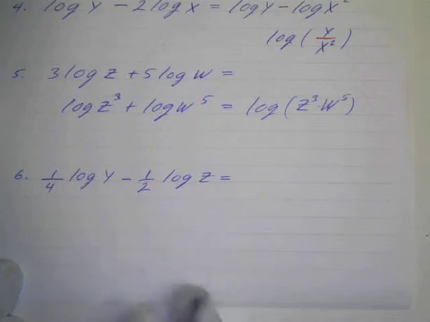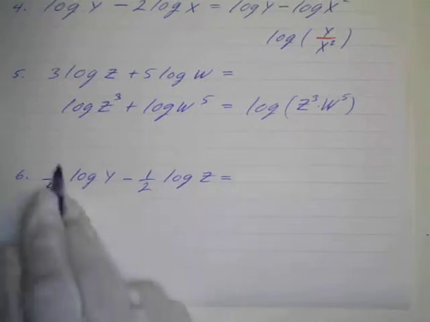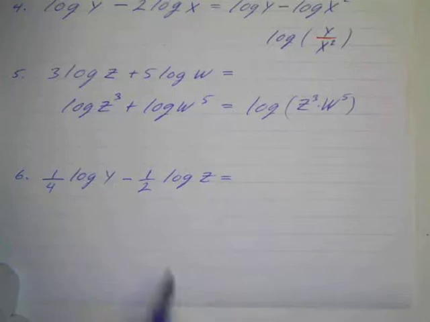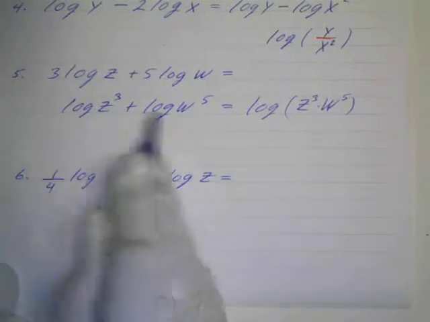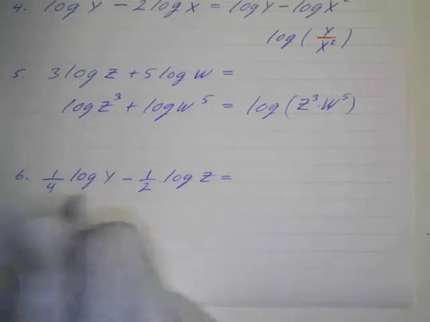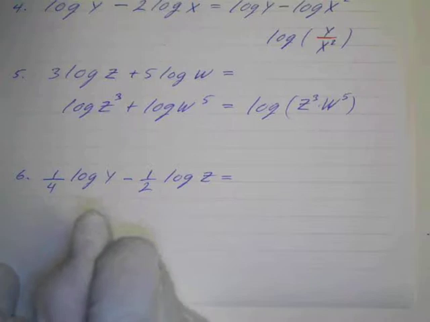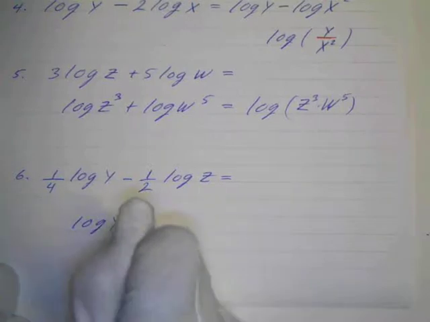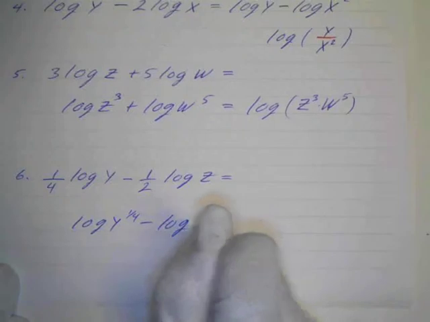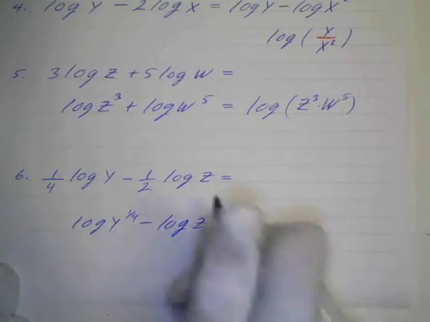And then number 6, same idea. We've got these numbers in front which we can use as exponents, put them back in there, because we just want to have log of something plus or minus log of something to use our product or quotient rule. So we'll put this back up in front. So we've got log of y to the 1/4 minus log of z to the 1/2, and these are all base 10. If I don't have anything, it's base 10.